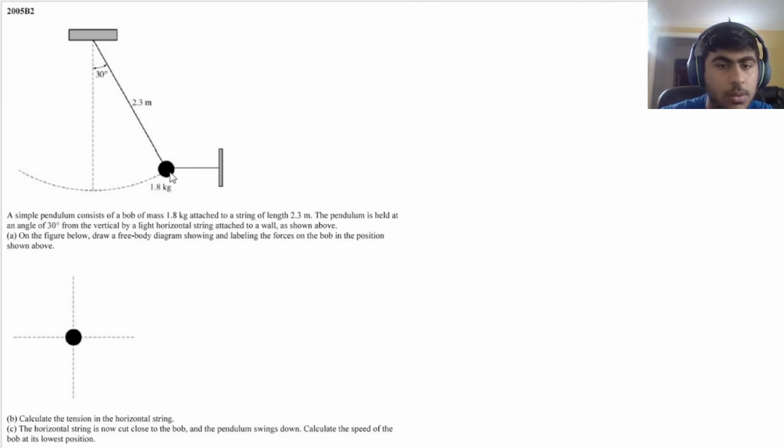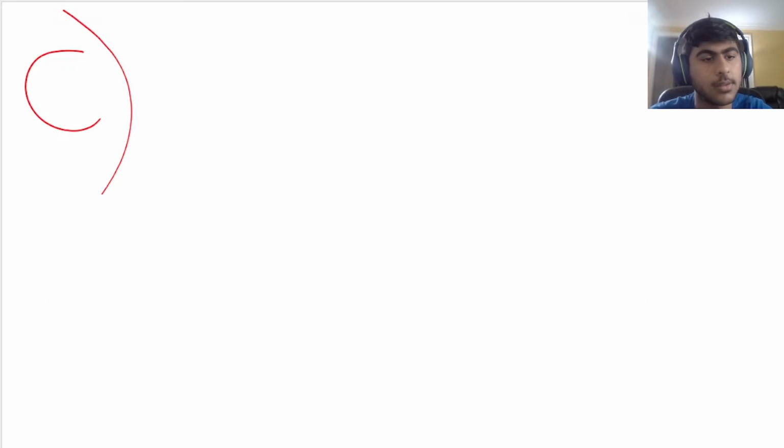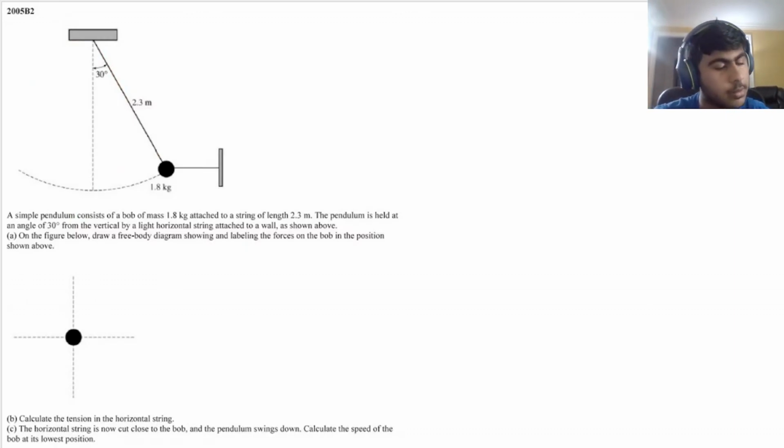So when we let go, when we cut this string, right before we cut the string, this has only gravitational potential energy. How much? Well, what's the height? The string is 2.3 meters, so from here to here, that's 2.3 meters.